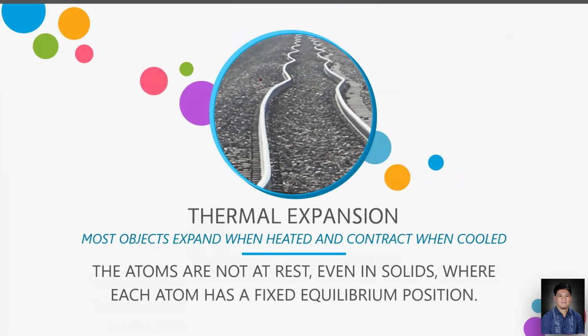Most objects expand when heated and contract when cold. So yung object, kung ito ay paiinitan, then it will expand. If bababa naman yung temperature, then it will contract. Ito ay liliit.